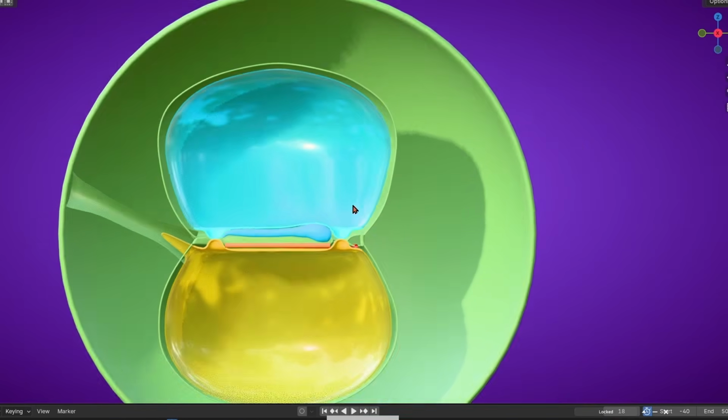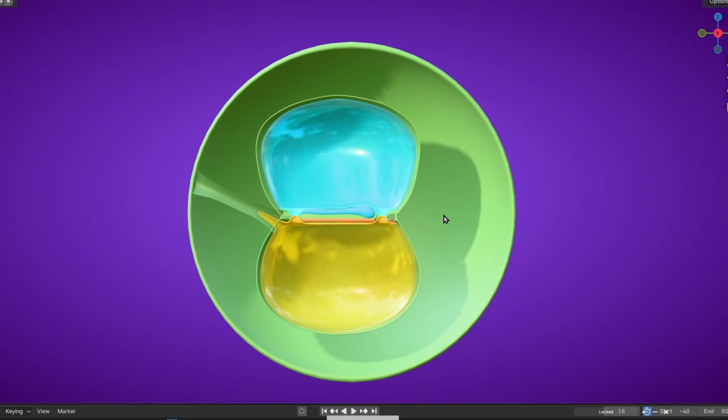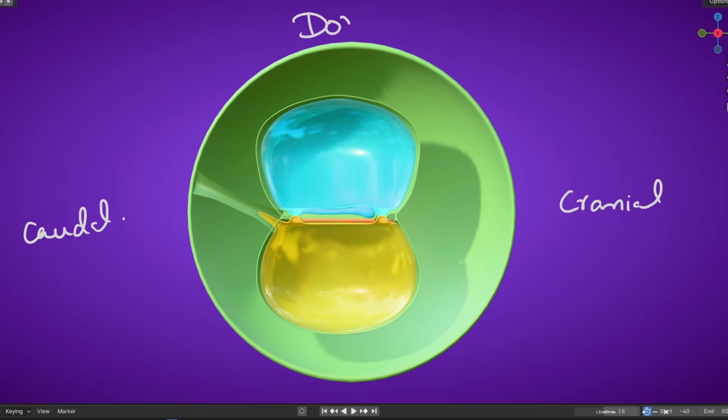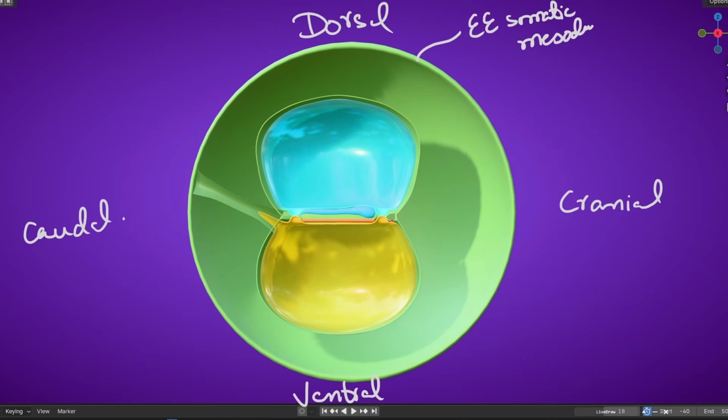Let me first orient you about the directions. This one is the cranial or anterior side. This one is caudal. This one is dorsal, and this one is the ventral side. Now, what are all these structures? As I've told you, the outermost layer is the extraembryonic somatic mesoderm, and it continues.